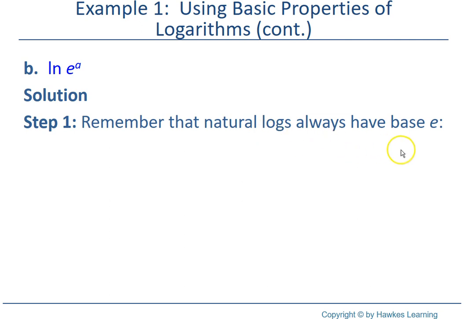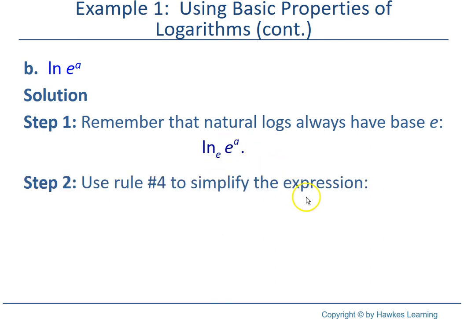And natural logs have the base e, as we've mentioned, so that in this arrangement, where the base and this part is the same, the answer is just that exponent. A equals A.